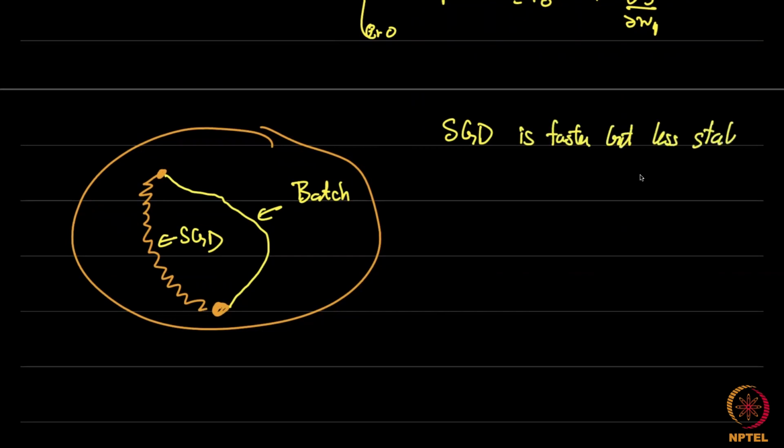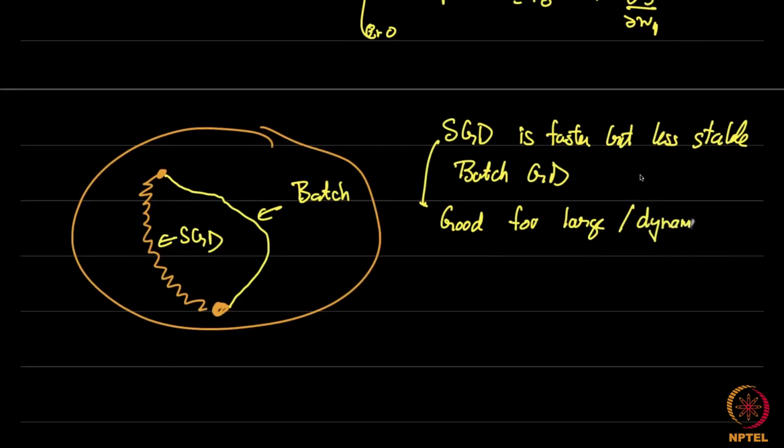It is just like a very active person. They tend to get things fast, but they'll make a little bit more mistakes. So SGD is faster, but a little less stable than batch gradient descent. The advantage with SGD is that it's good for large and or dynamic data sets.